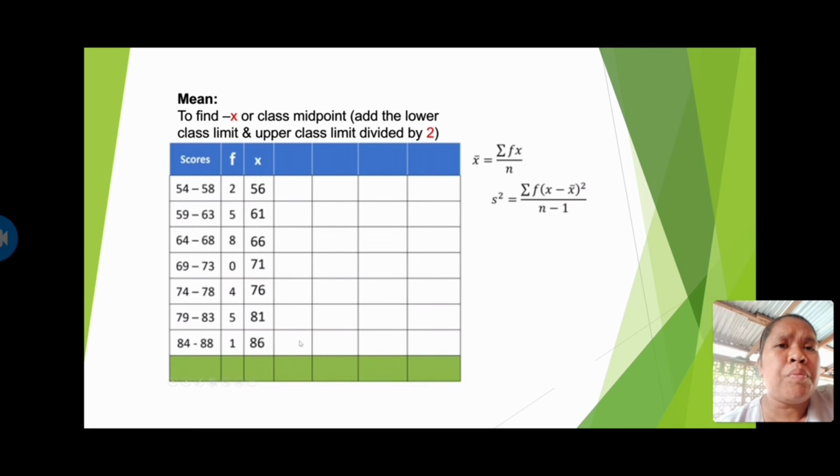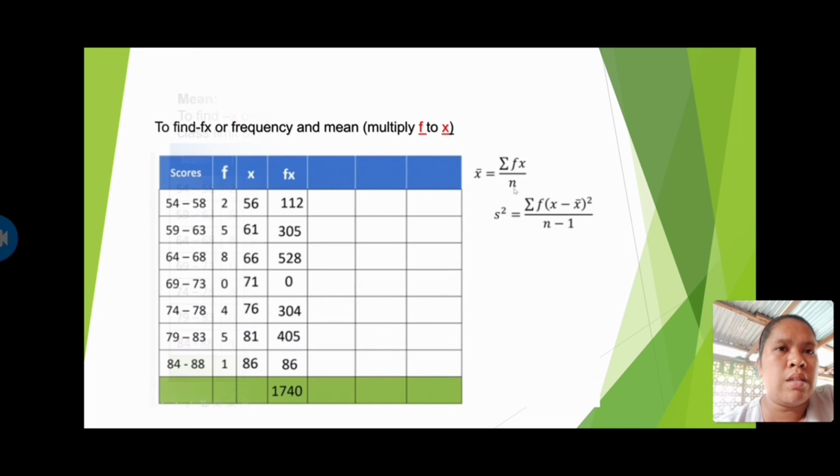First thing to do to get the mean is to add the lower class limit and the upper class limit, divided by 2. So we have the values of x: 56, 61, 66, 71, 76, 81, and 86.